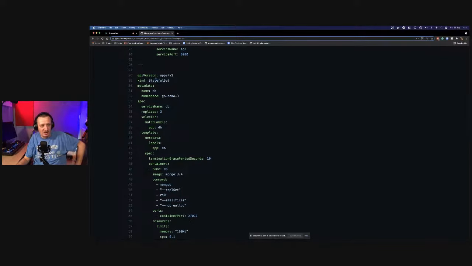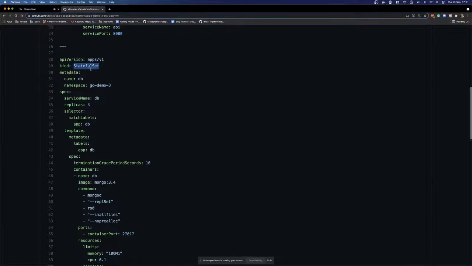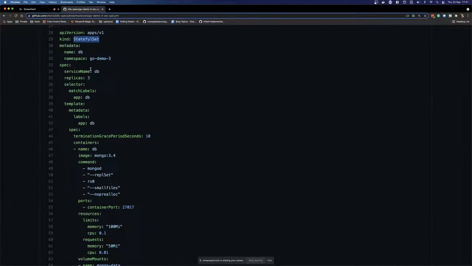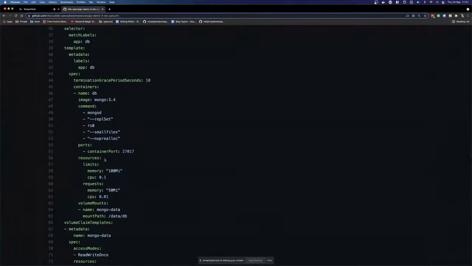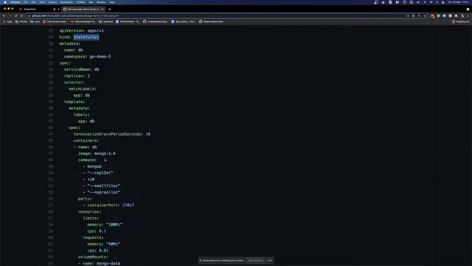If you changed the word stateful set to deployment, there would be almost no differences between stateful set and deployment. There are a few, but they're not really important. So there is close to no difference between stateful set and deployment in the way we define it.